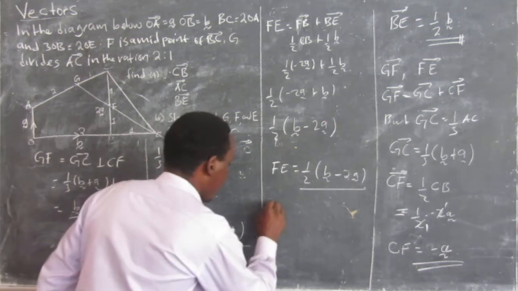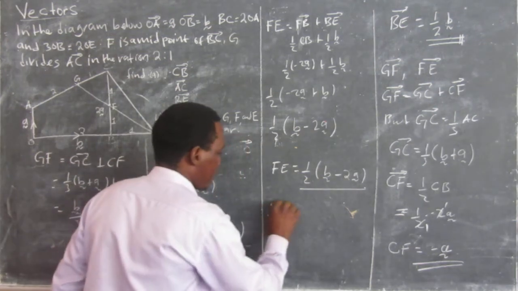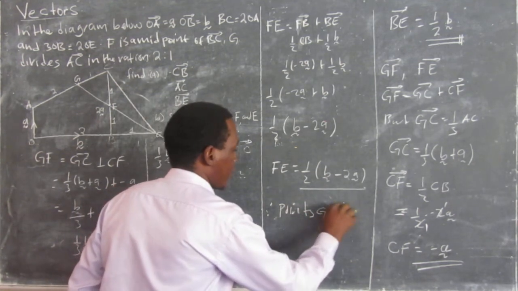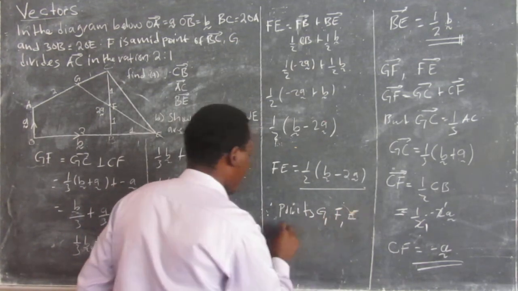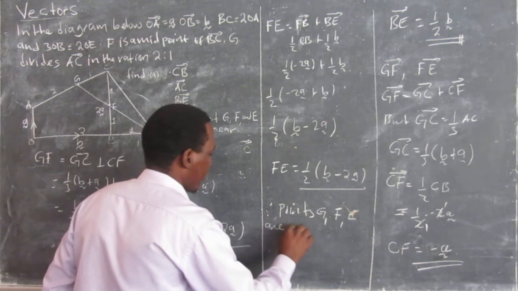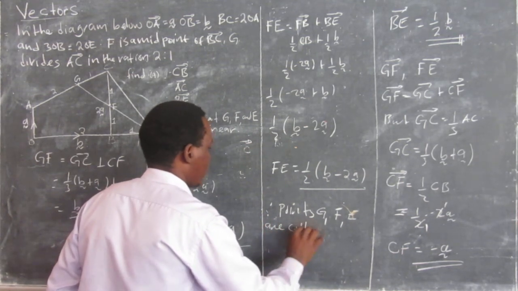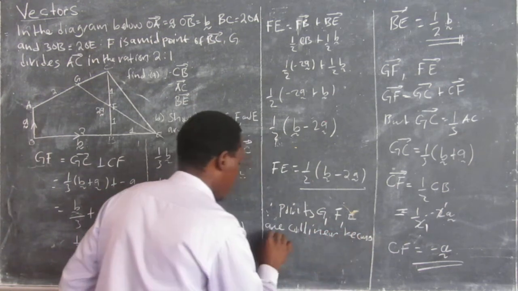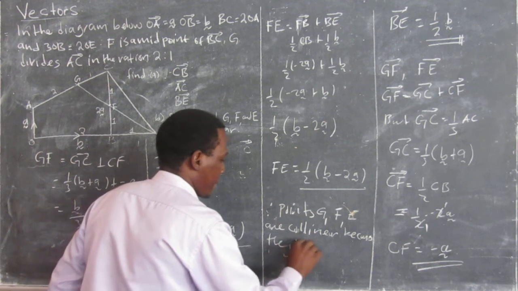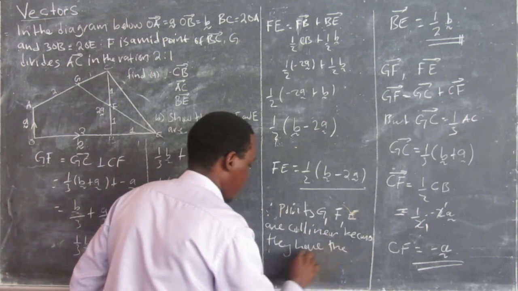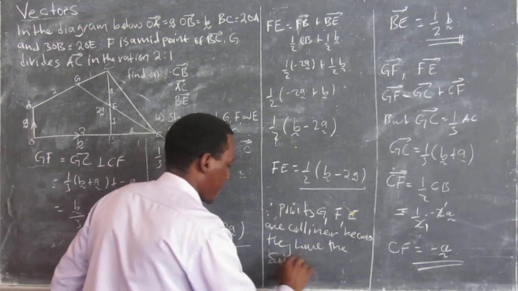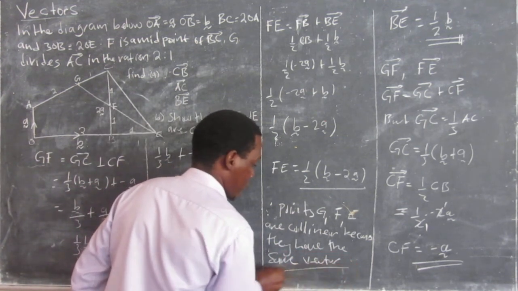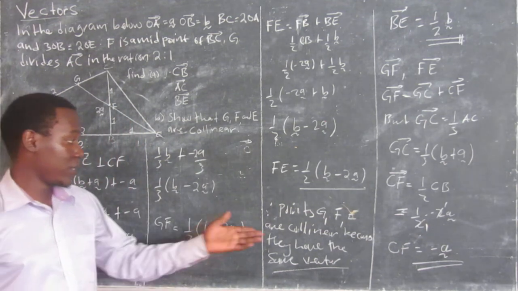Therefore, we shall say points G, F, E are collinear because they have the same vector. Is it okay? That's how we conclude in that case.